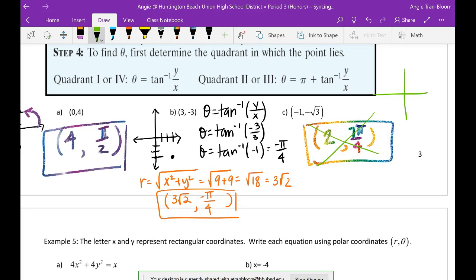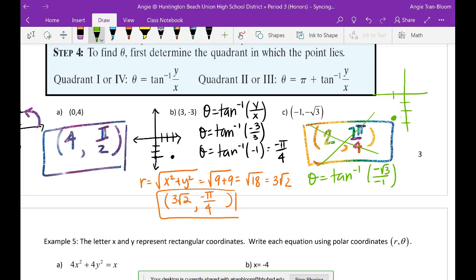Should I plot it out just to see what quadrant? It's in the third. Wait, it's because he got the tangent inverse of negative radical 3 divided by negative 1. It's in quadrant 3.